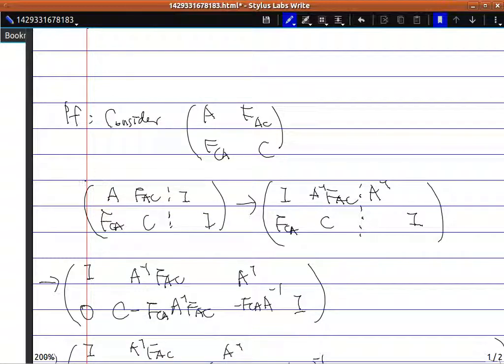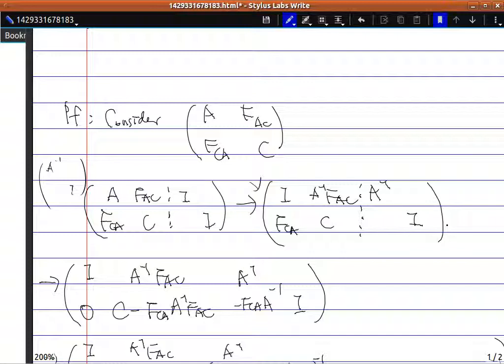So when I go from this to this here, what I am essentially doing is multiplying the original matrix by A inverse, I, something like that, right? If I multiply A inverse I by this long fat matrix here, I'll get this.